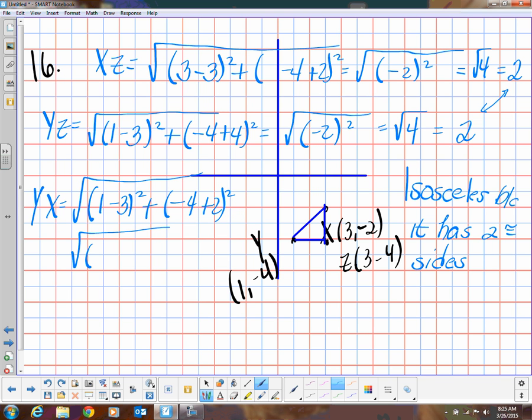Do you agree that's going to be negative 2 squared plus negative 2 squared, which is going to be 4 plus 4, which is square root of 8, which is 4 times 2, and what's the square root of 4? Is it equilateral? No. Yes. Next.